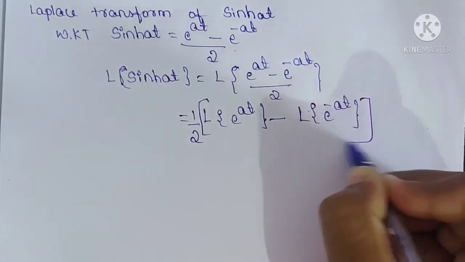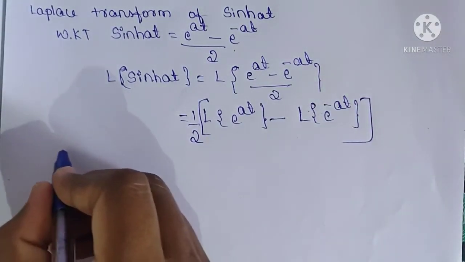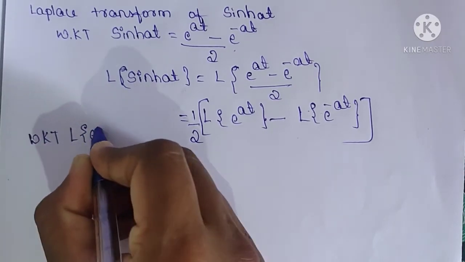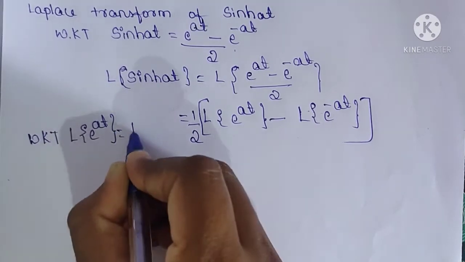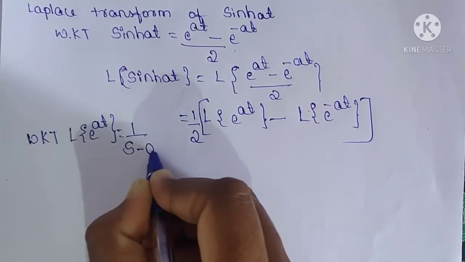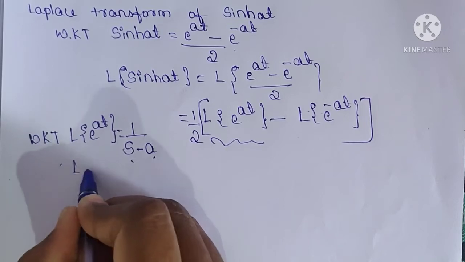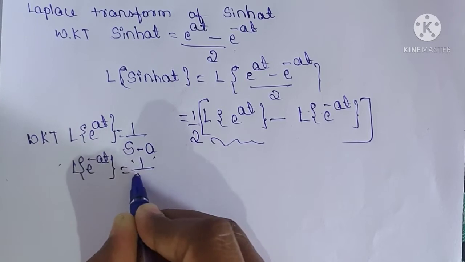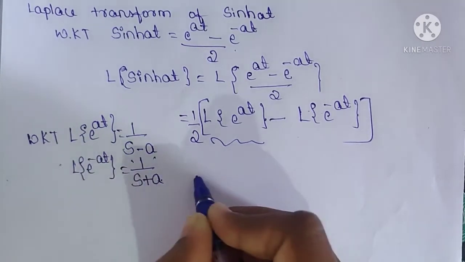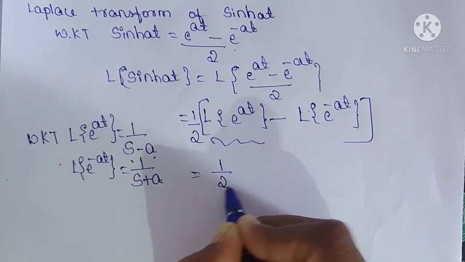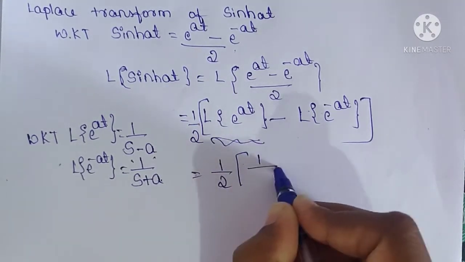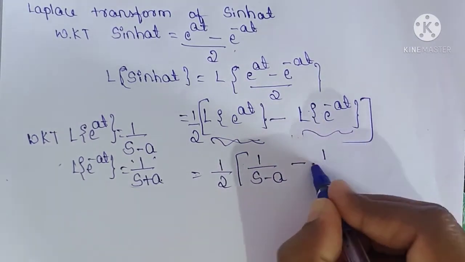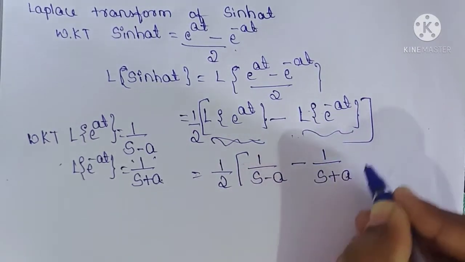By using properties of Laplace transform, we know that L of e^(at) is 1 divided by (s minus a) and L of e^(-at) can be written as 1 divided by (s plus a). Therefore, 1/2 as it is, this term can be written as 1 divided by (s minus a), minus this term, 1 divided by (s plus a).